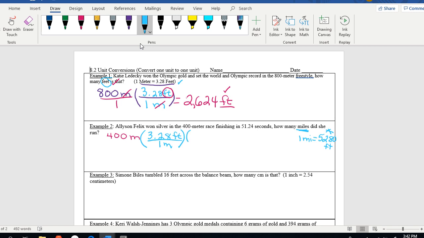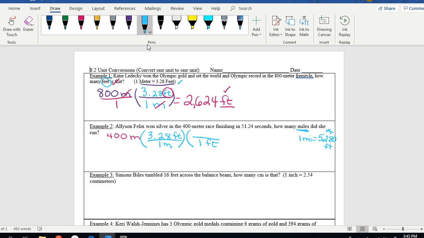So I'm going to multiply again, and this time I want feet to cancel. So do I want 1 foot up here on top, or do I want 1 foot down here on the bottom if I want it to cancel over here? I want it to be on the bottom. So I'm going to go back and erase what's on top.